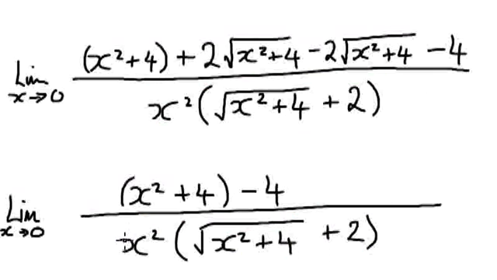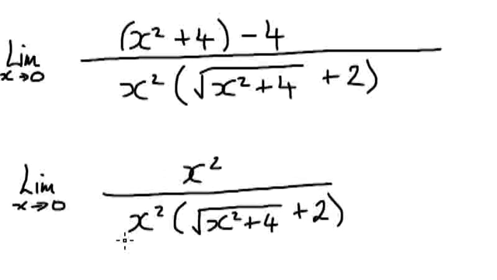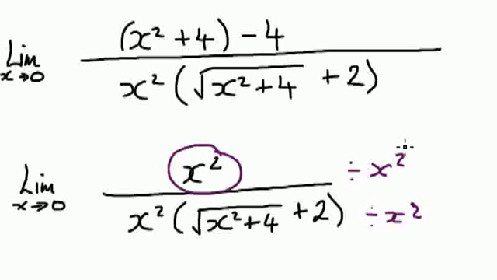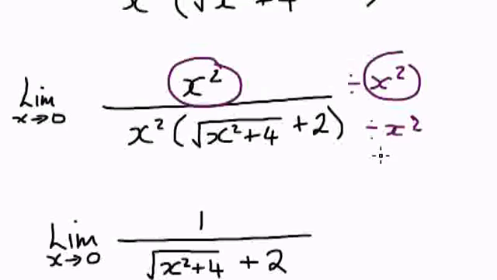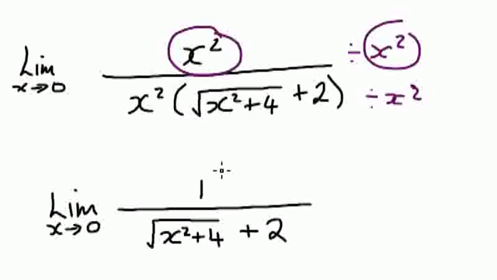Then tidy this up. So here you've got plus 4 minus 4. They're going to kill off each other, leaving you x squared. Now divide top and bottom by x squared. This x squared divided by x squared will be 1.